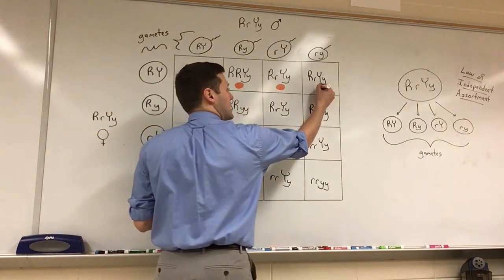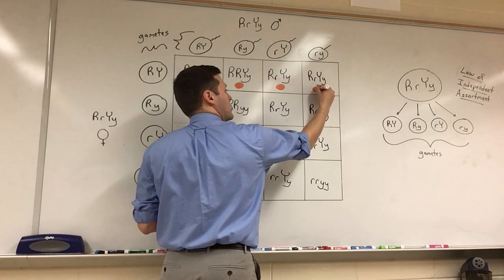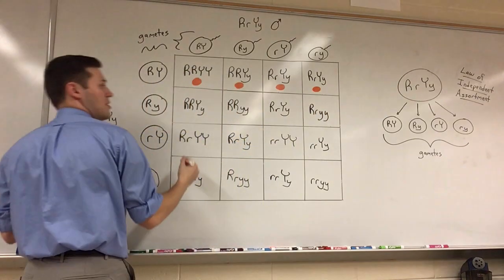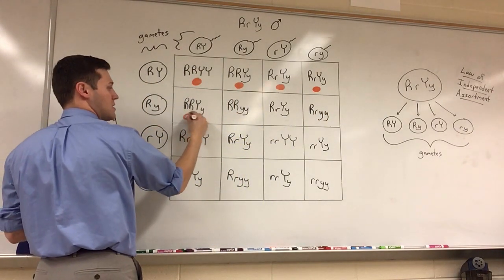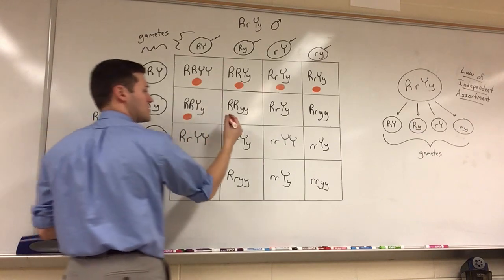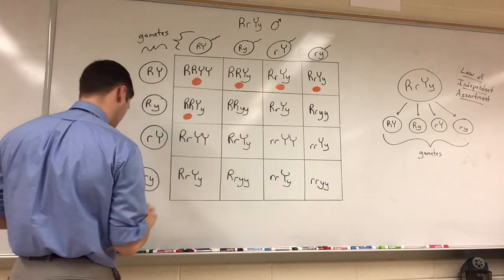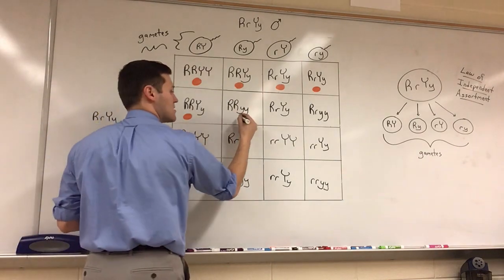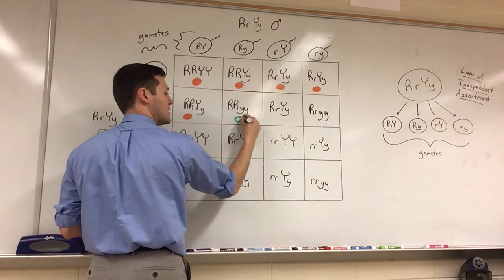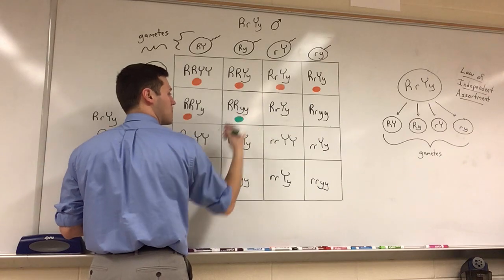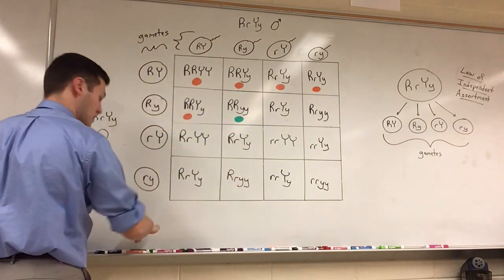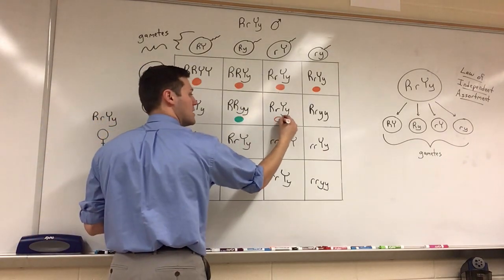So again, just to carry it out, yellow and round. This one is yellow and round. So this is our first round and green. So let me draw that in here. Back to round and yellow.